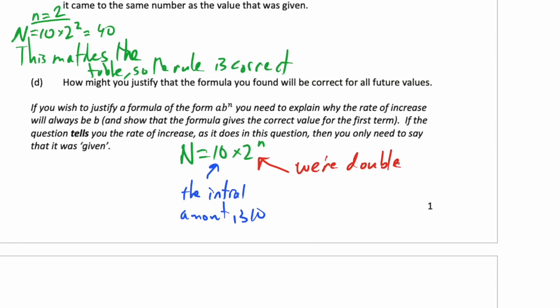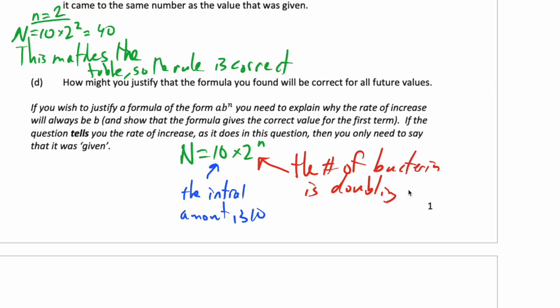Every day. Or maybe we'll say the number of bacteria is doubling each day. And maybe you could even explain the n. N is doubled n times. Okay, maybe something like that.